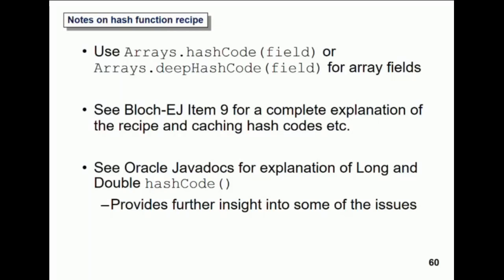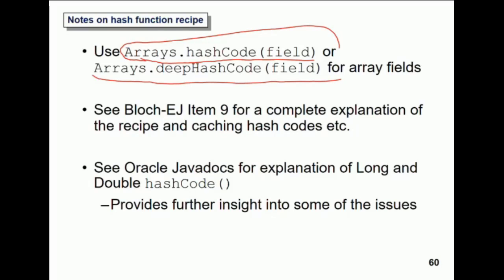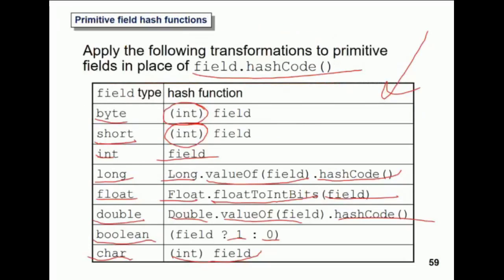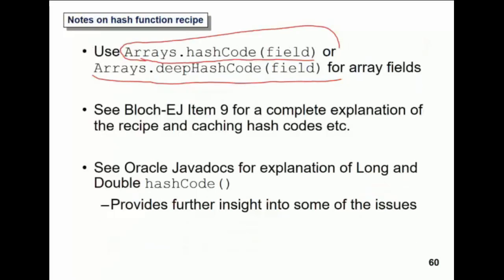For arrays, use Arrays.hashCode. For normal arrays it's Arrays.hashCode, and for nested arrays, use deepHashCode. If you want a complete explanation for all of these methods and why they're being used, have a look at Joshua Bloch's Item 9 for a complete explanation of both the recipe and why we're using these. As I said, you don't need to memorize these.